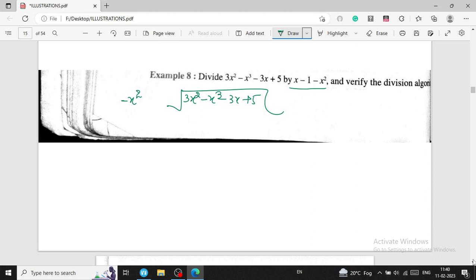Minus x square plus x minus 1, minus x square plus x minus 1, multiply here by 3 minus 3, and we will get minus minus cancel 3x square plus minus minus 3x minus minus plus. You have to write here minus 3x square minus 3.